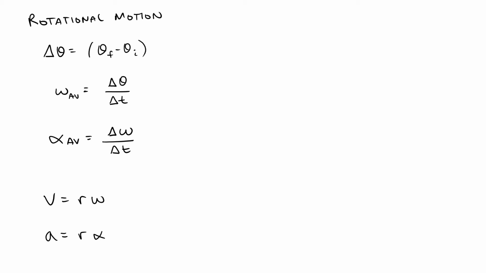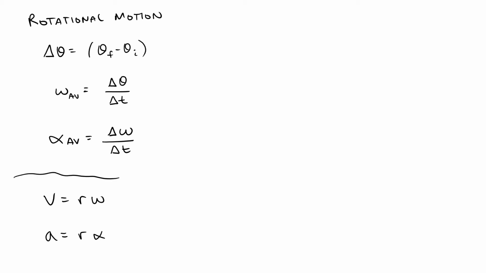Maybe we have an arm that throws a ball. We can figure out how fast the ball is going to go. Right when we let it go, it's going to move with a tangential velocity. Okay, so there was that.